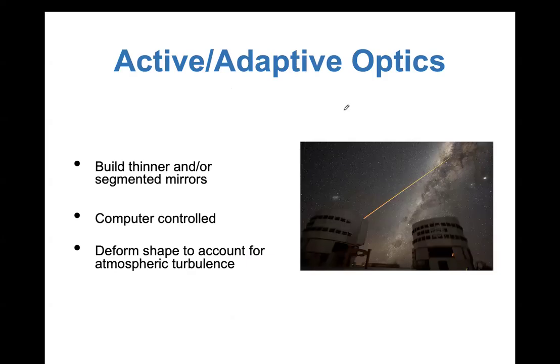All right. So one technique that improves the ability of astronomers to use telescopes is active or adaptive optics. We can build thinner and or segmented mirrors that are going to be moved by high quality motors that can adjust the curvature and account for some sort of deformation that's happening.